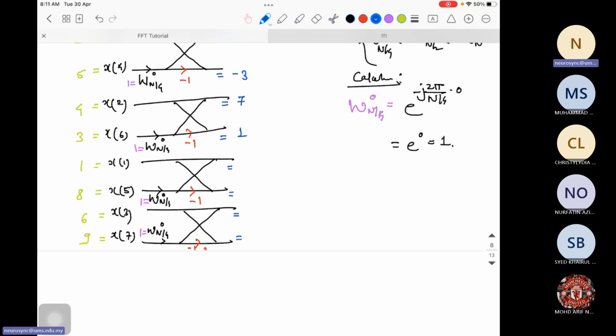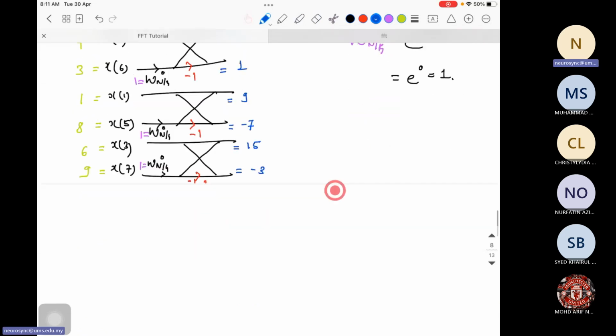This value is how much? 1 plus 8, it is 9. This is 1 minus 8, which is minus 7. This is 6 plus 9, 15. 6 minus 9 is minus 3. Okay, so this is about stage 1.